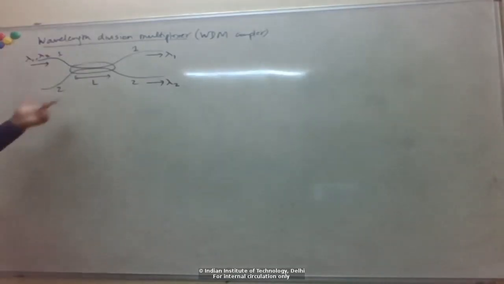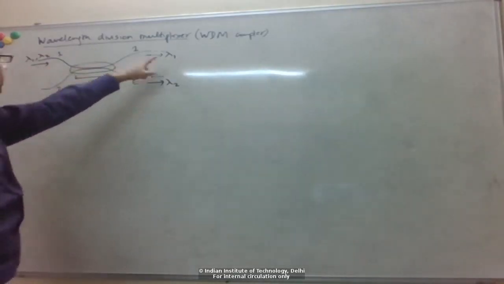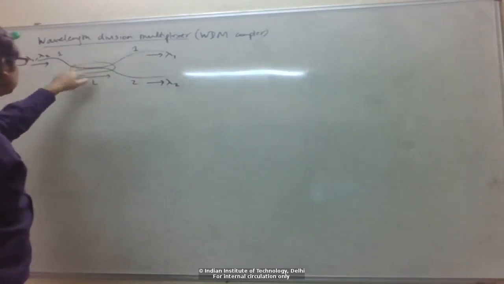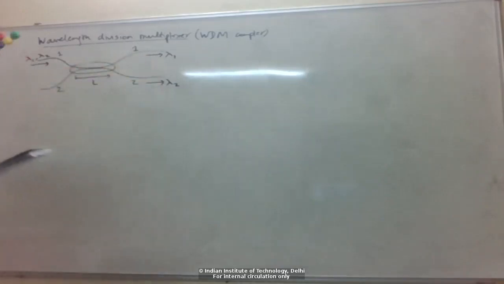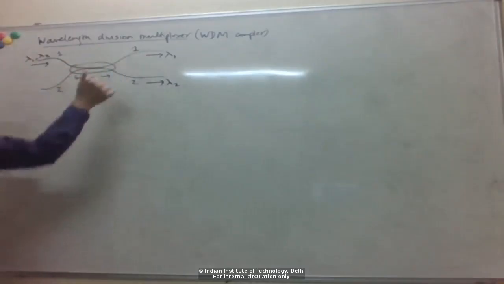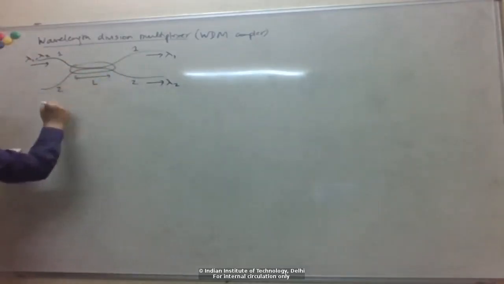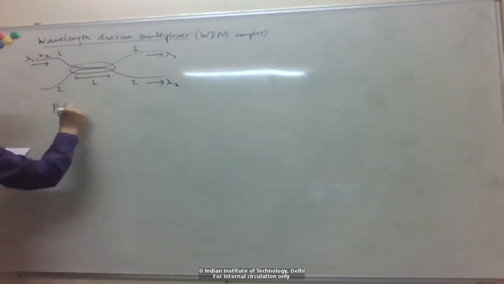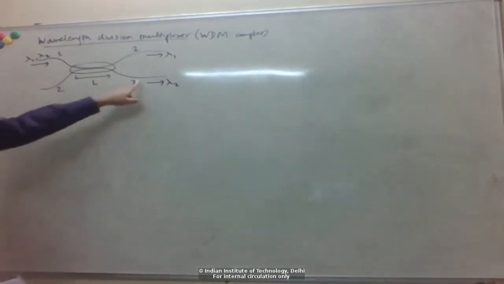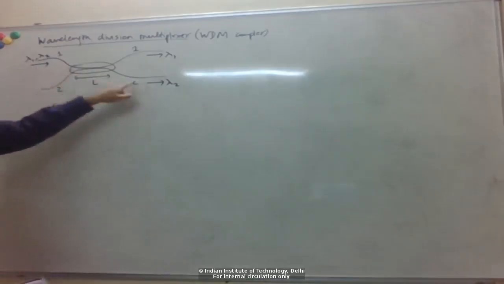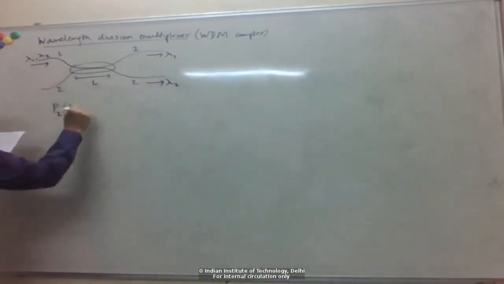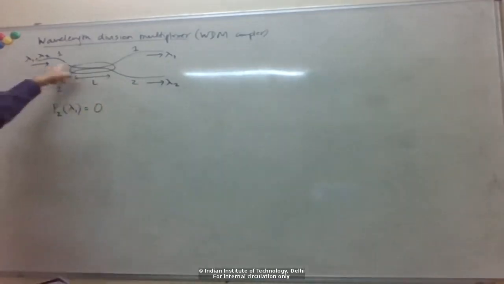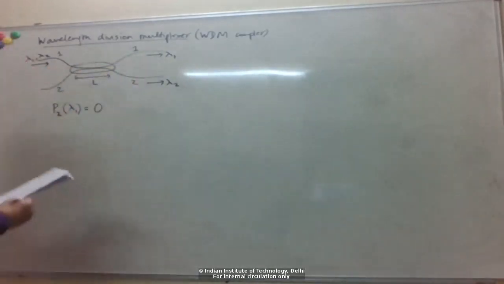If we design the parameters correctly, we can design this coupler to do this functionality. So at the output, in port 2, we want the power in port 2 at wavelength lambda 1 to be 0. Basically we want lambda 1 to come out only of port 1.